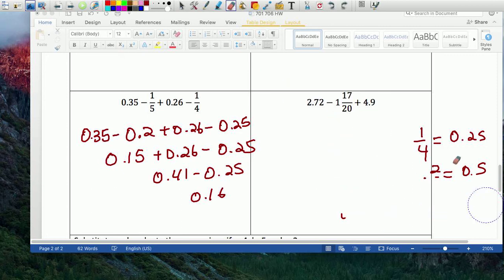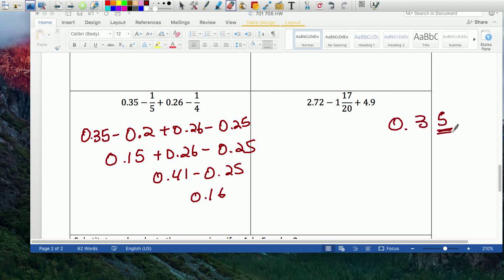I'm going to do it the other way too, just in case you prefer doing it as a fraction. So 0.35, right? Think of the place value of the last digit. The place value of this guy is the hundredths. This is the tenths, this is the hundredths, the next one would be the thousandths, and so forth.